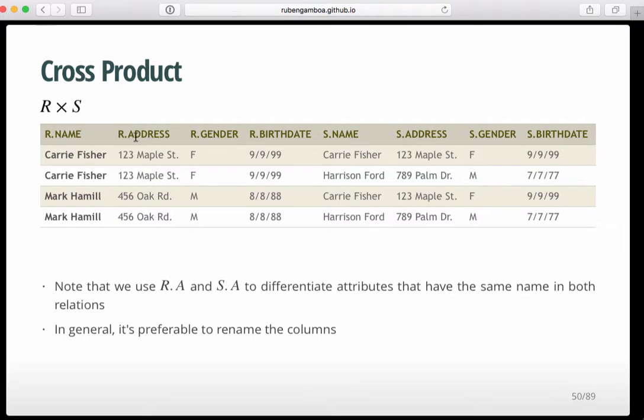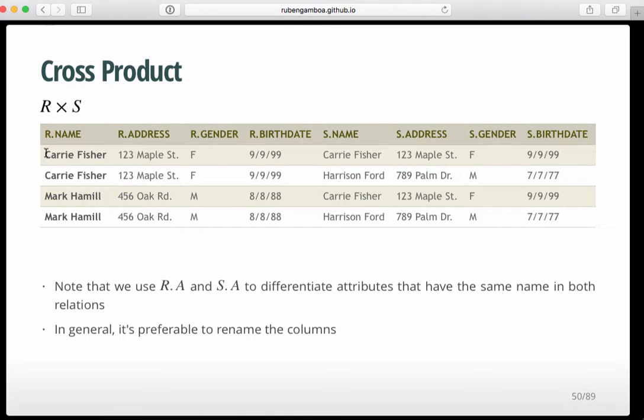Because of that, you have 2 address, 2 name, and so on. The way that's differentiated is we append the table name, dot, and then the attribute name. That's the new attribute names. If I had chosen non-union compatible tables, then there's no need to do that, and databases will just not do it if they don't have to.